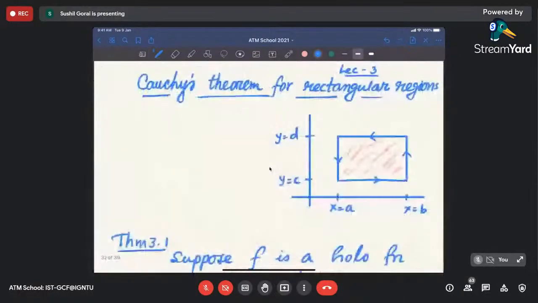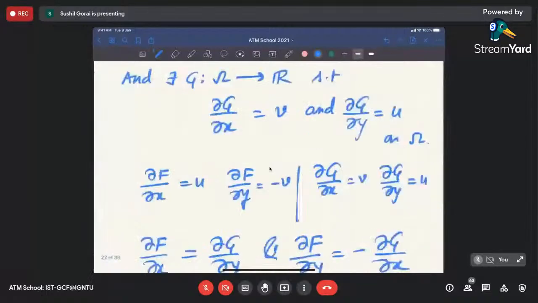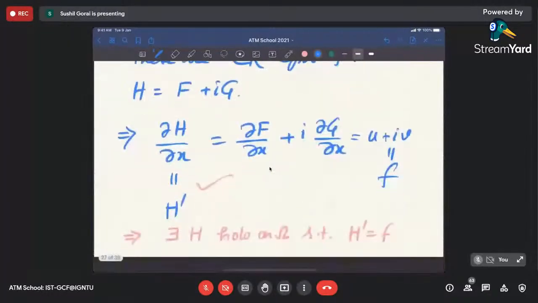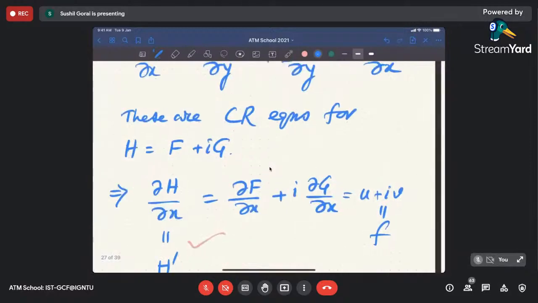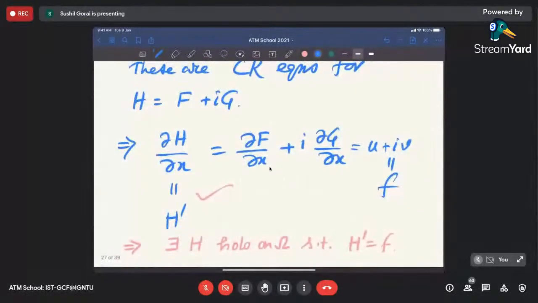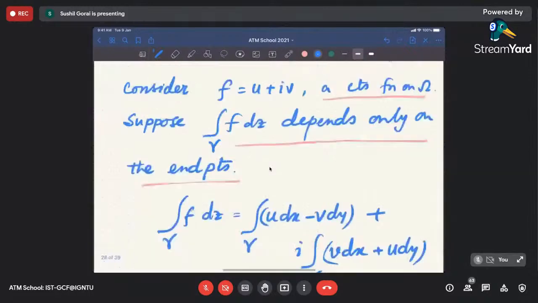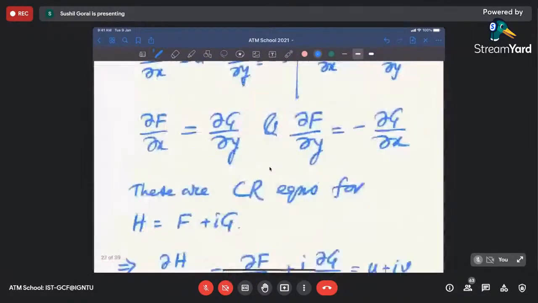Let me go back to the previous one. Yeah, here. So this second one means that there exists a primitive.